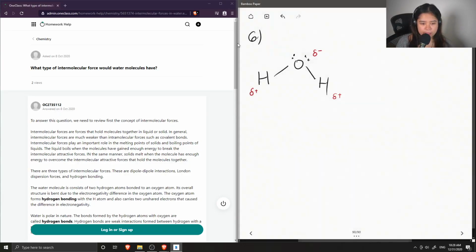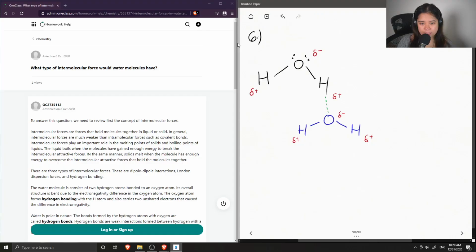So if we were to have a second water molecule come in, you'll see that it also contains a partially negative side and a partially positive side. So the partially negative side of another water molecule is attracted to the partially positive side of the other water molecule.